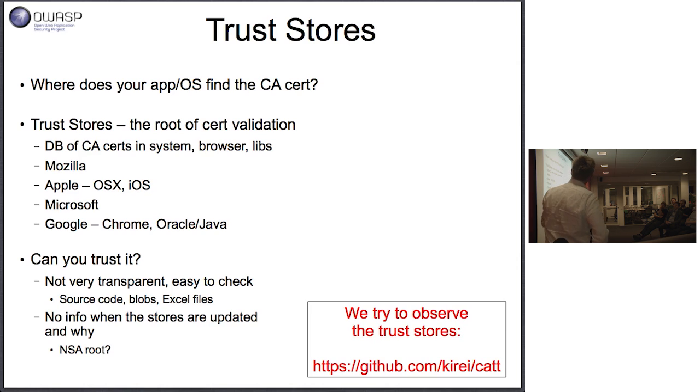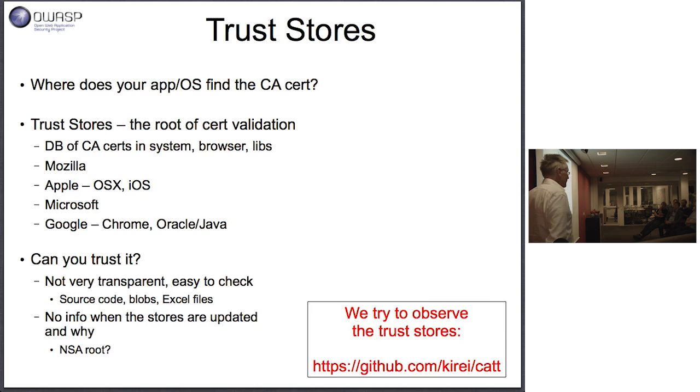But where does the app or OS find the root? Does it actually download it all the time? Or do we find it? There are what are called trust stores in your computer, in your system, in your browser, for example. There are databases of CA certs or root certs that you can actually look up, and they're provided by Mozilla, Apple, Microsoft, Google, and Oracle Java.